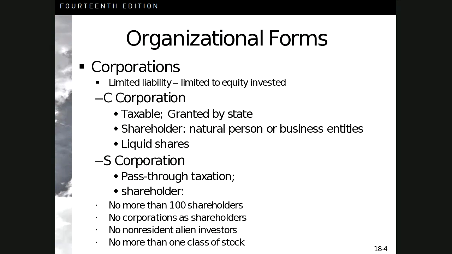So a C corp is taxable, and it's granted by the state, and it has shareholders. The shareholders can be natural persons or business entities, and it has liquid shares.